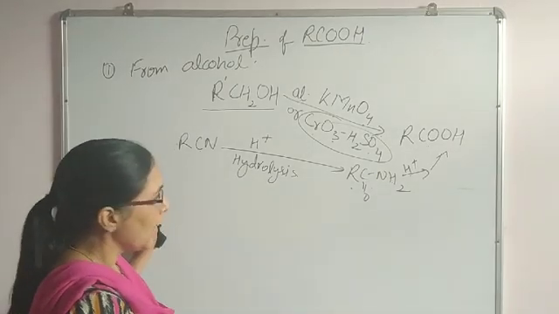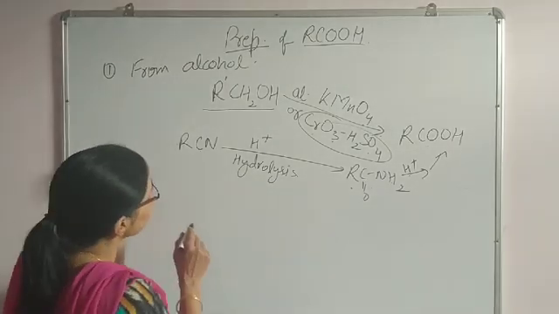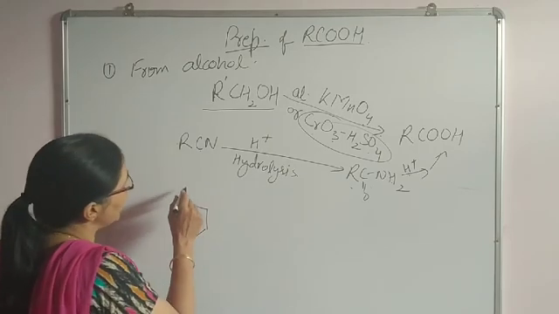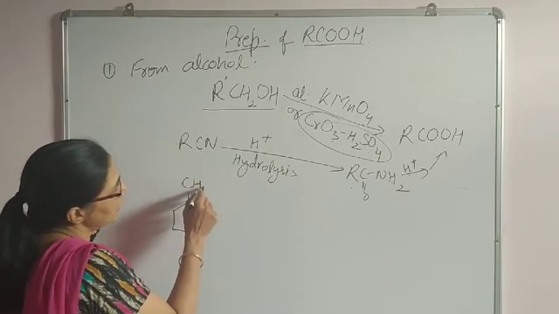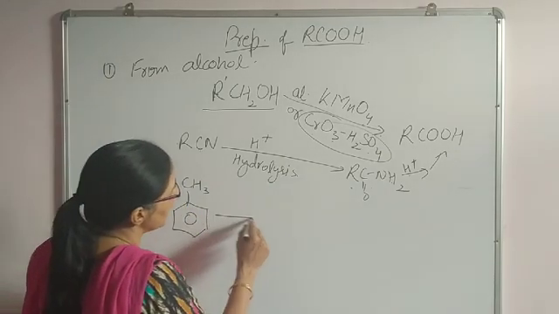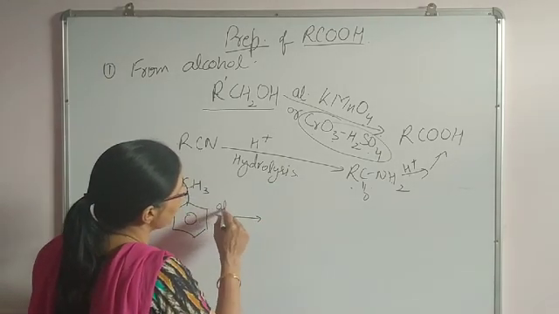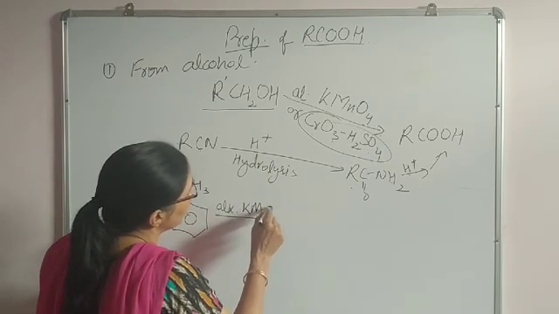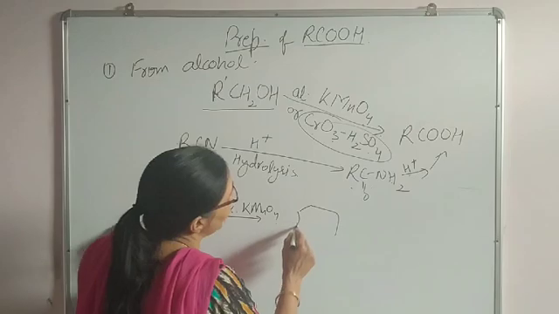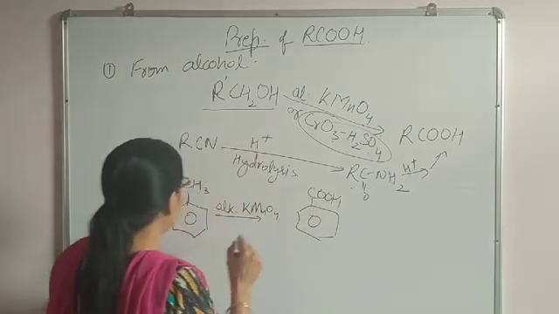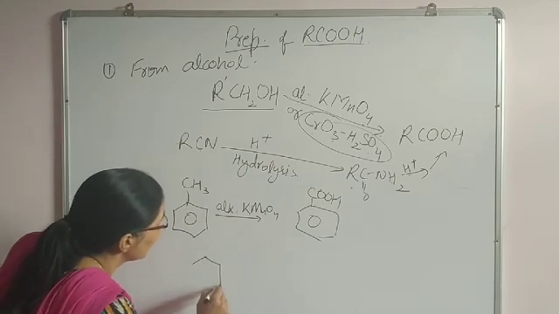Next method I will deal with is alkyl benzene. When this type of alkyl benzene, methyl benzene, is taken, by means of alkaline KMnO4 there will be formation of benzoic acid. Here there is a point of interest.